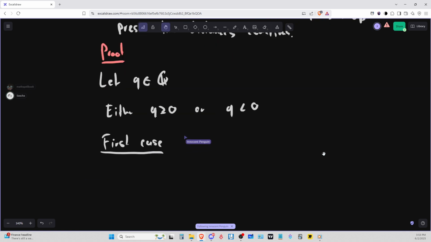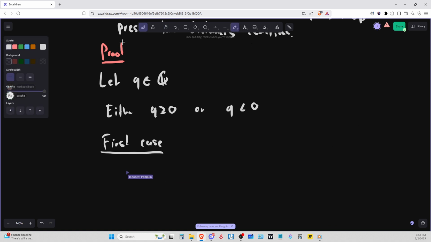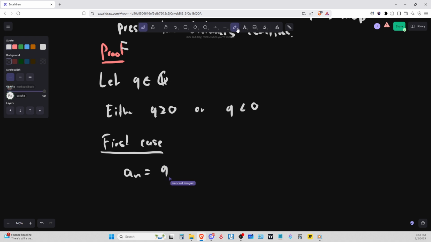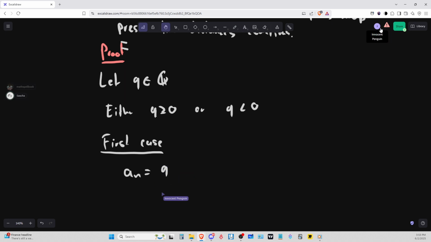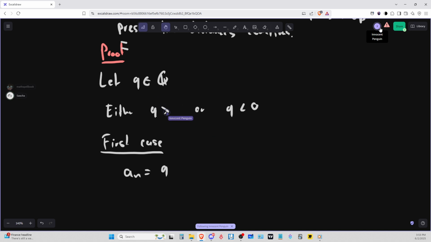So in the first case, what our map is doing is we're basically building the sequence a_n equal to q, the constant sequence. Well, actually, I need three cases. Sorry. We're going to have the case where q is equal to 0, but that is not very interesting.